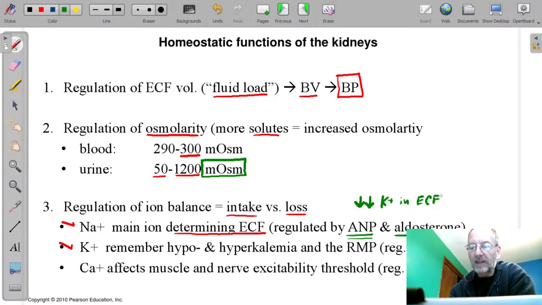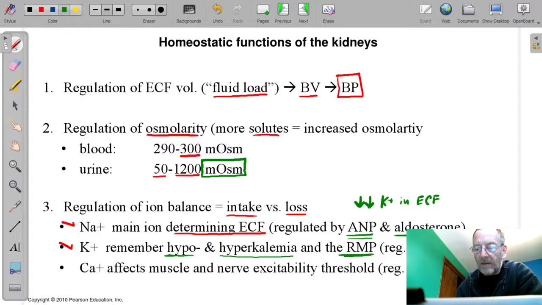Most of the potassium, you'll recall, is within the cells. So, if we have a little bit extra potassium out in the ECF, or a little bit less than normal, that's significant. And I don't know if you were introduced to this idea in Biology 160 or 241 of hypo and hyperkalemia and how that affects the RMP.